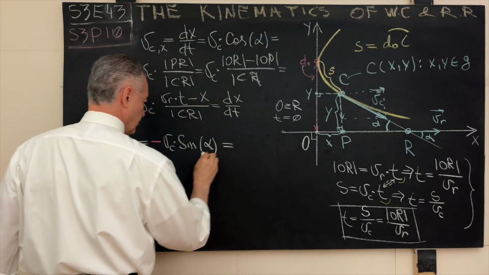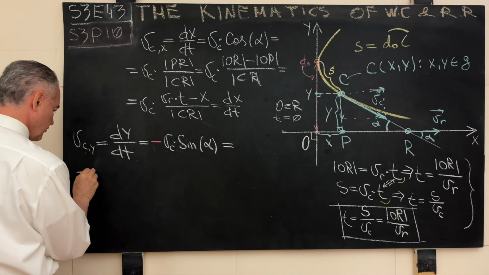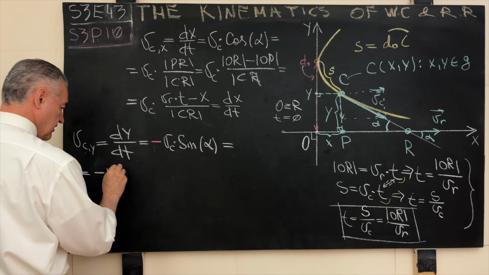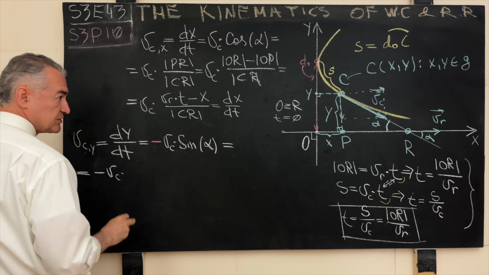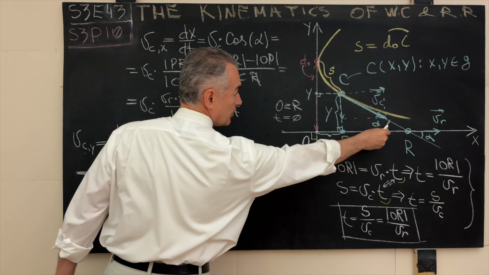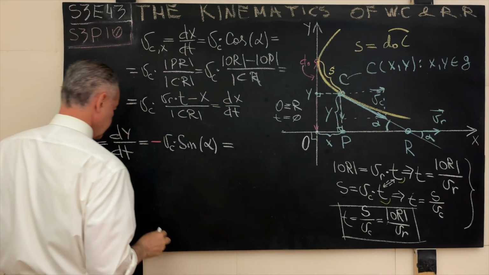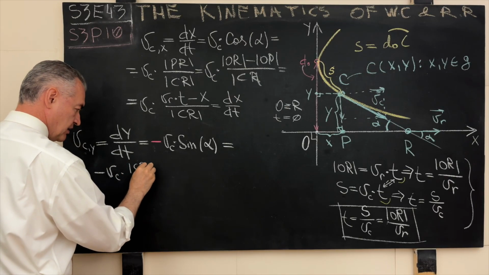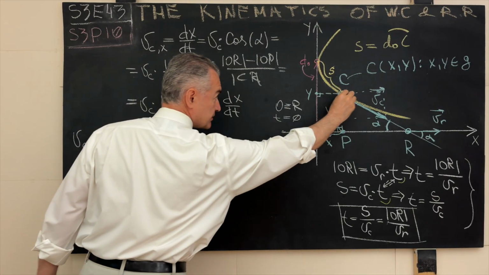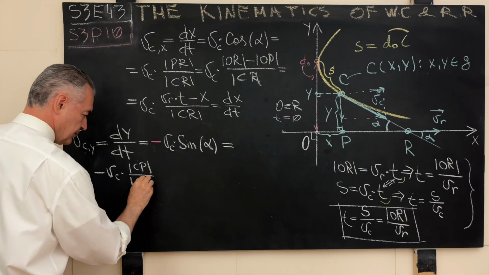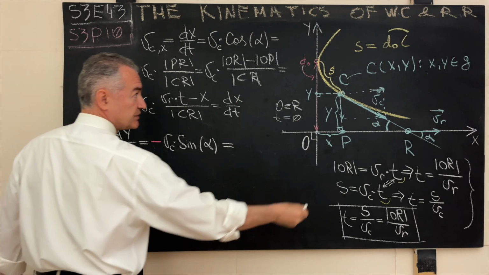And what does that mean? Let's write it over here. Minus the velocity of the chaser times, how do we express the sine of this angle? Well, this will be the distance CP divided by the distance CR. And what is the distance CP?